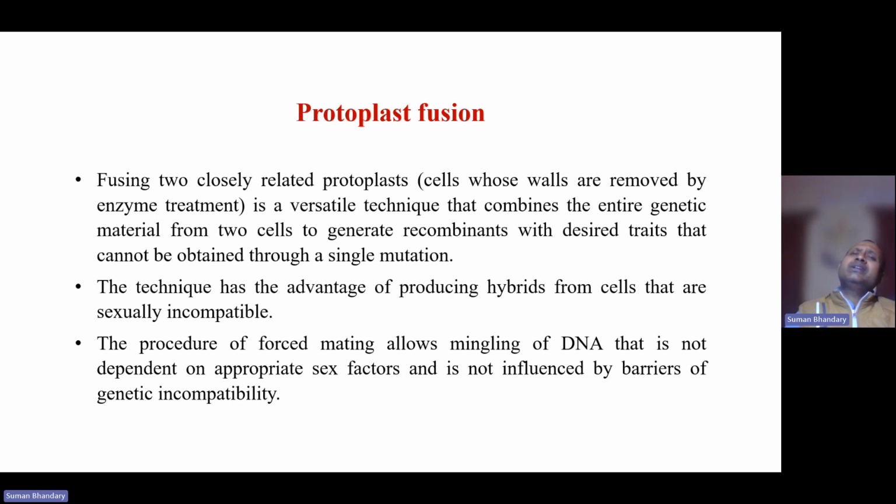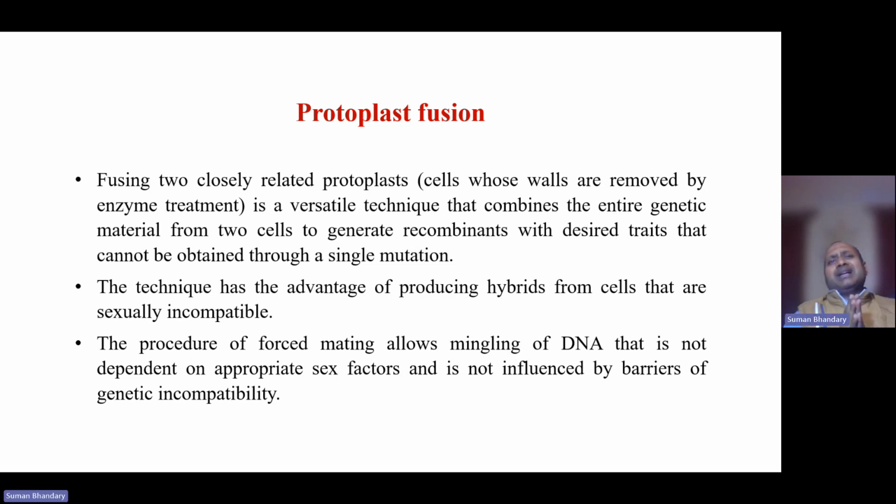So to carry out genetic studies with these microorganisms, protoplasts are prepared by growing the cells in an isotonic solution, while treating them with enzymes like beta galacturonidase or cellulose. So cellulose is the medium, and beta galacturonidase is an enzyme.